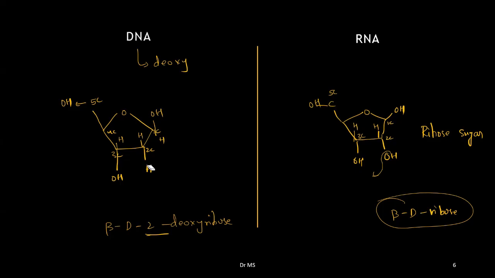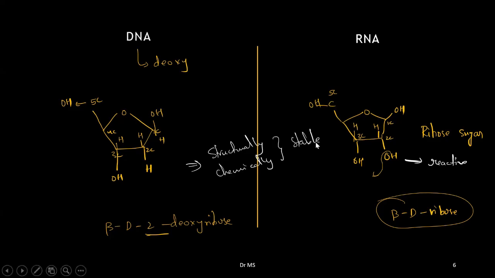Because it contains hydrogen, this is a very stable structure compared to RNA. The second carbon containing the OH is a very reactive group, whereas here it brings stability because it is not so reactive compared to RNA. So this is a structurally and chemically stable molecule compared to RNA.